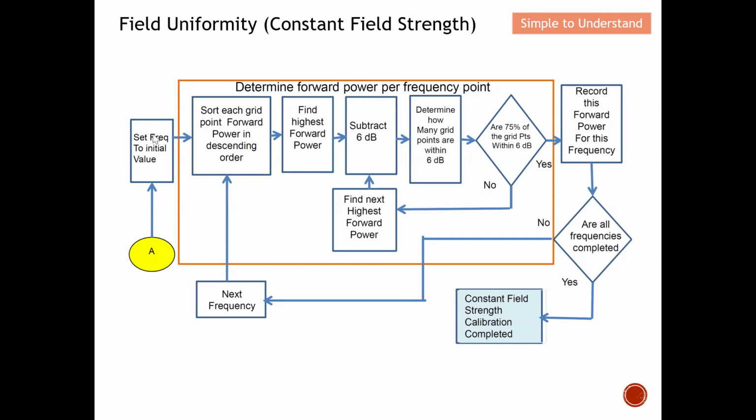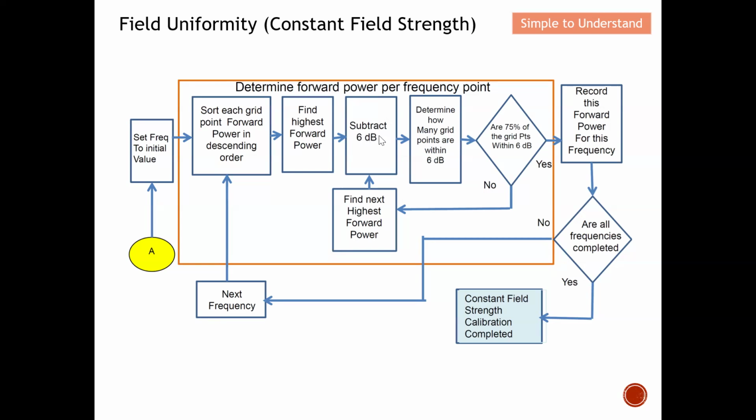So firstly, I set the frequency to 80 megahertz, then I do all the measurements, so I have all the forward powers. Next, I sort the forward power for the 16 points from the highest to the lowest. I find the highest forward power, then subtract 6 dB.